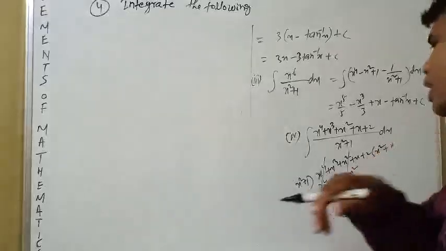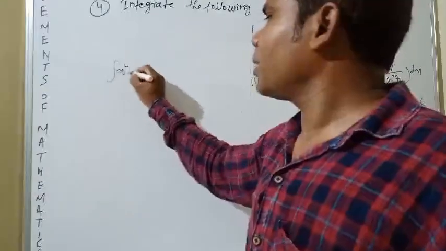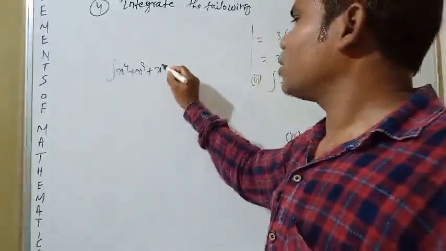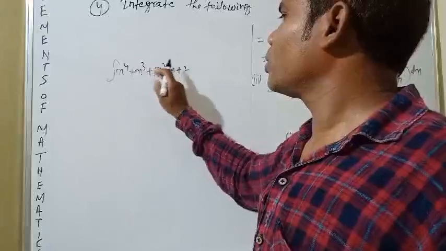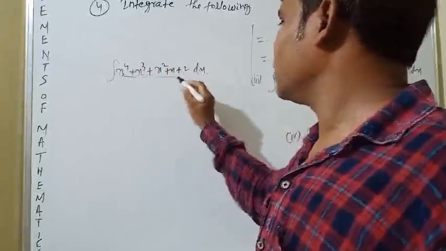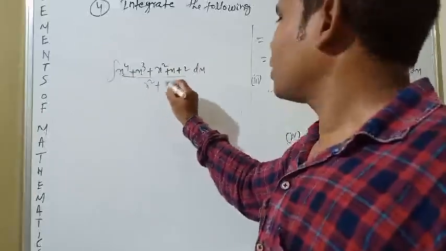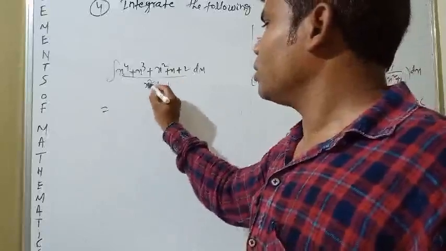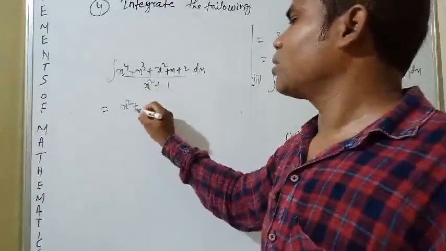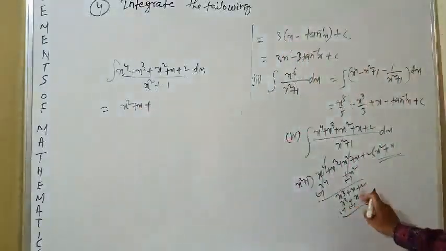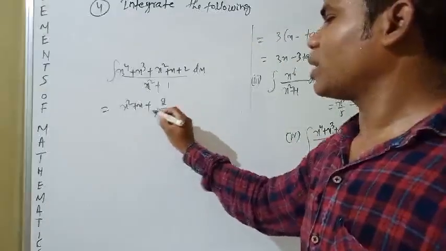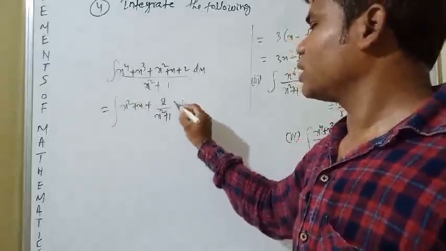In question number 4 we can write integration of x4 plus x cube plus x square plus x plus 2 by x square plus 1 dx is equal to how much? x square plus x plus, you see this is the remainder, 2 is the remainder, that is 2 by x square plus 1 dx.